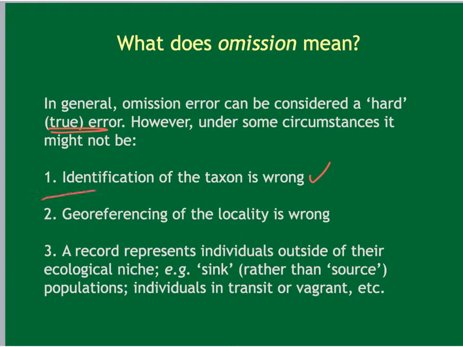Or what might often happen with ecological niche modeling is that we're pulling our data from multiple sources to derive a single data set of point events, and the location that was georeferenced may be incorrect. So those are two things that we would have to sort out as modelers before we ran our experiment. Or if we found that our omission rate was a lot higher than we anticipated, go back and reevaluate those data.